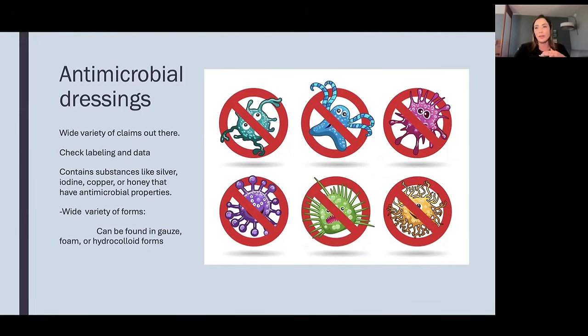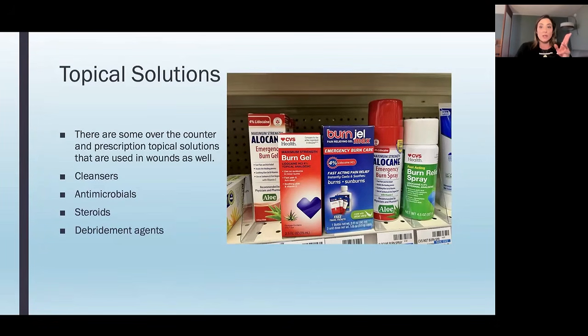It can help with autolytic debridement and that osmotic shift to help get some of the bacteria out of the wound bed. And it just smells good. Some forms of honey are a little harder to deal with because they're gel, but there are great options across the board. So, topical solutions.